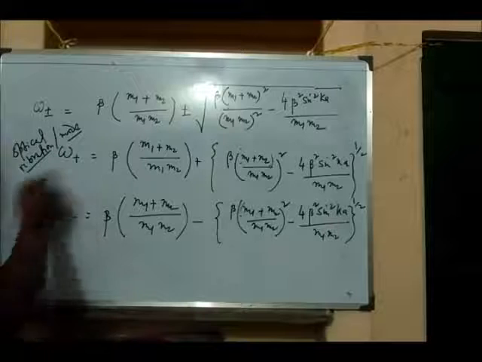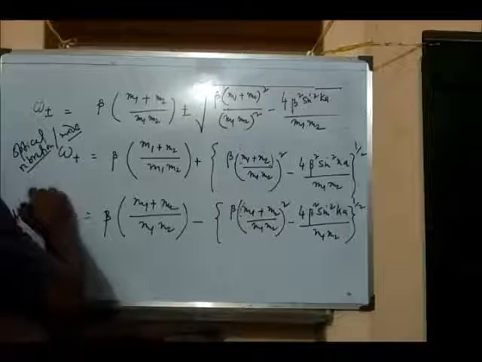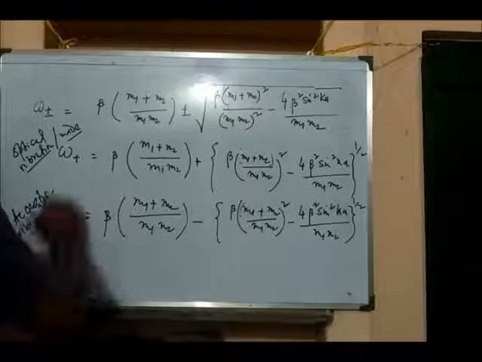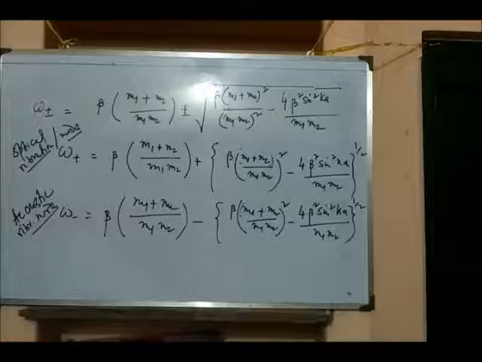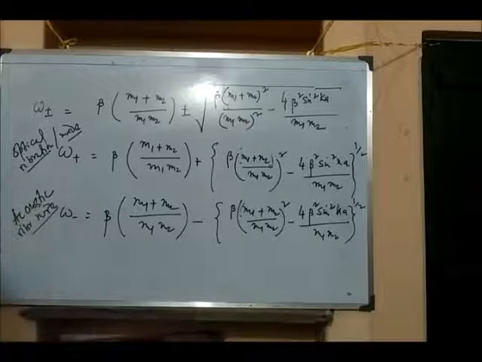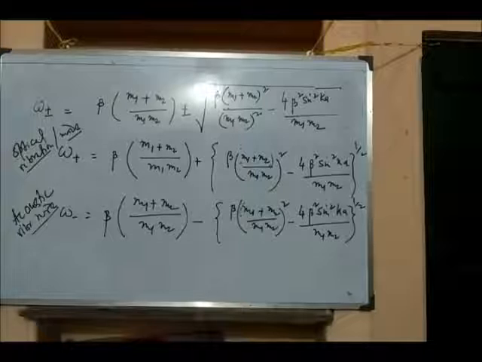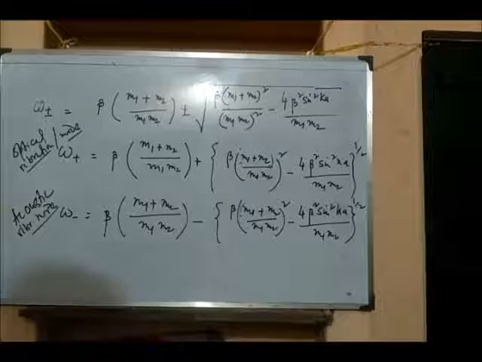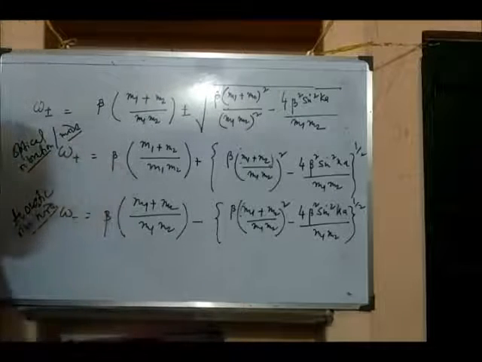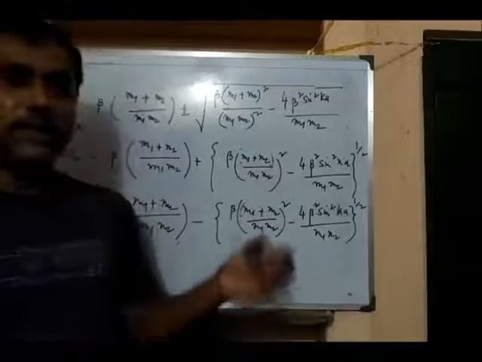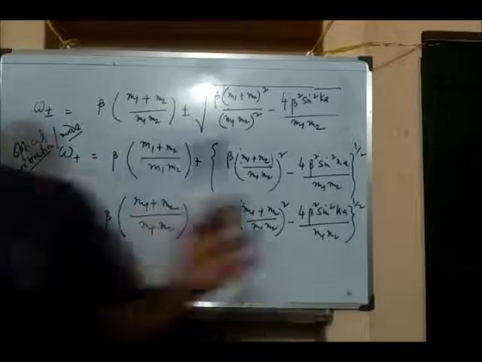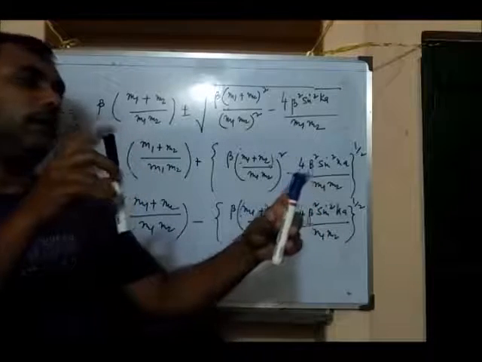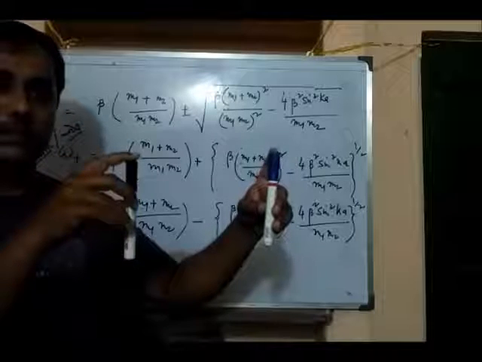And this omega minus is called the acoustic vibration mode. Now, why should I call these two terms one optical mode and another acoustic mode? Let us consider two atoms vibrating in a particular situation. This black one has mass m1 and this blue one has mass m2.